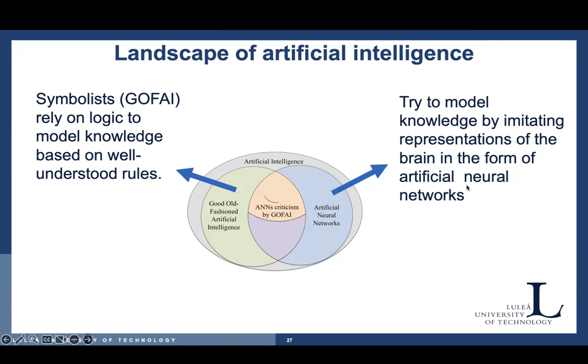On the level of definition, the branch of AI on the left is called symbolic AI, as I said, also known as good old-fashioned AI. The concept on the right is also called the connectionist approach. Did you hear this term, connectionists?